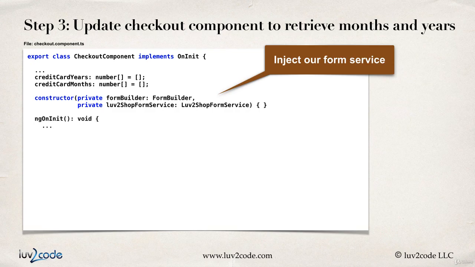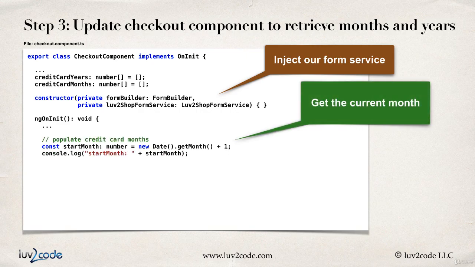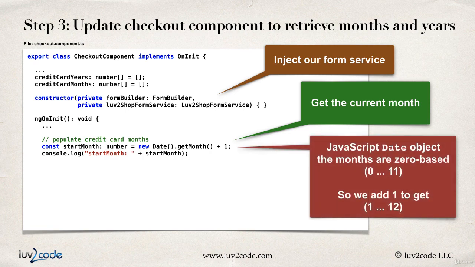Moving into our ngOnInit method, we're going to populate the credit card month. Here I get the start month, number equals new Date().getMonth() plus 1. That gives me the current month. But in the JavaScript Date object the months are 0 based, so you'll actually get 0 to 11. So we need to add 1 here so we can get the months 1 to 12.